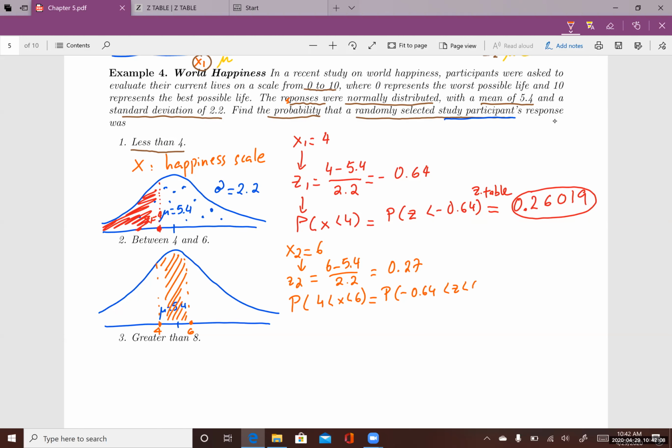It's the same as the probability to the left of 0.27 minus the probability to the left of negative 0.64. And we already found that the probability to the left of negative 0.64 is 0.26019 in the previous part. Now we just need to find the area to the left of this value, so z is 0.27.